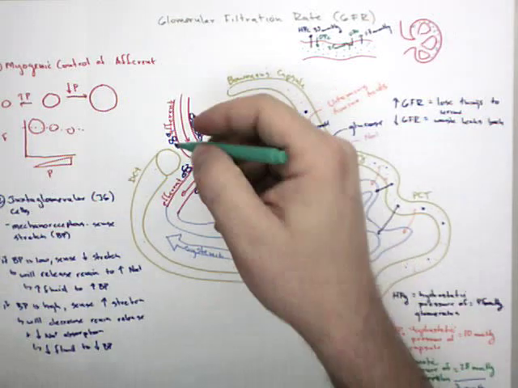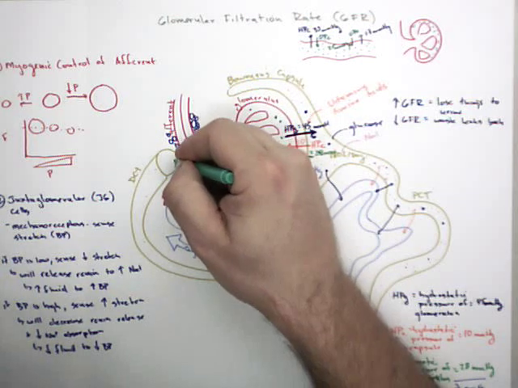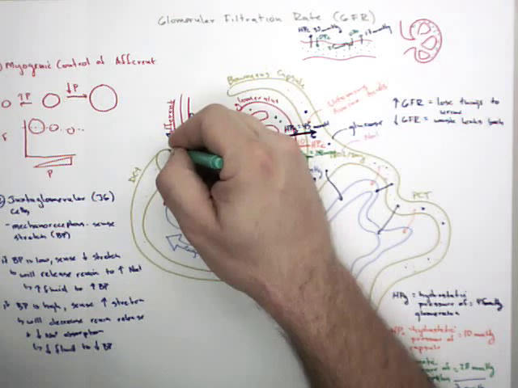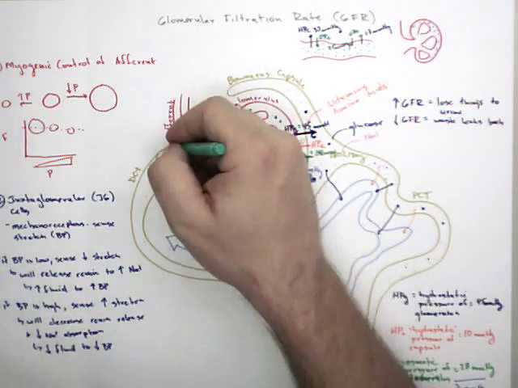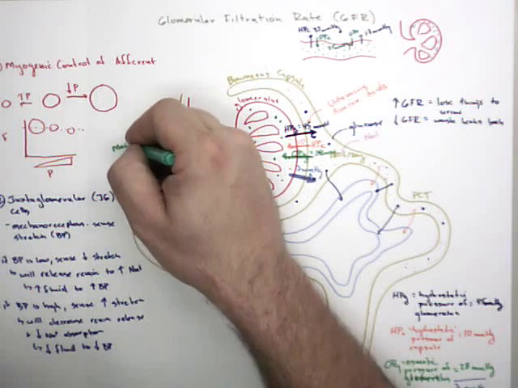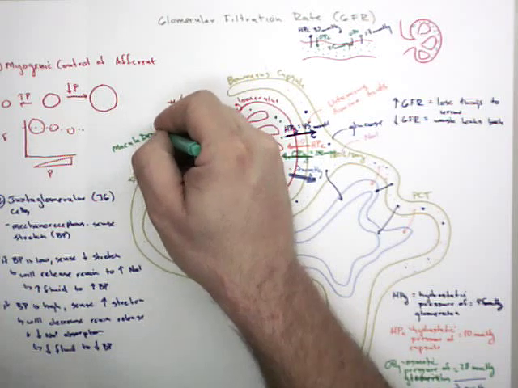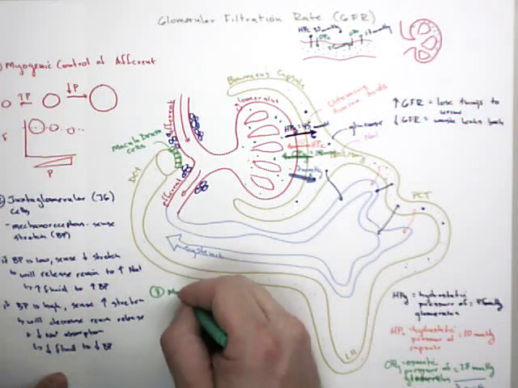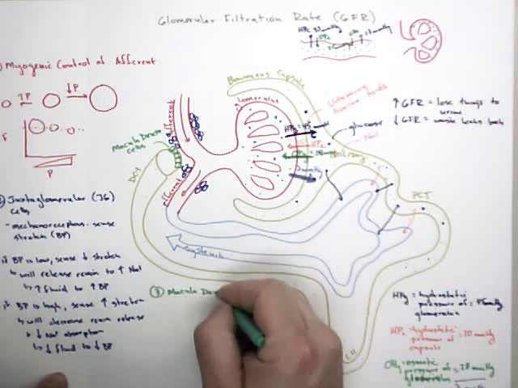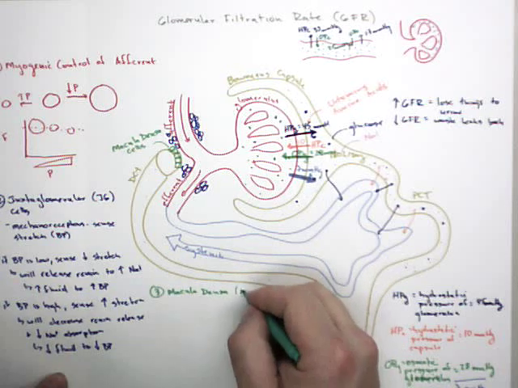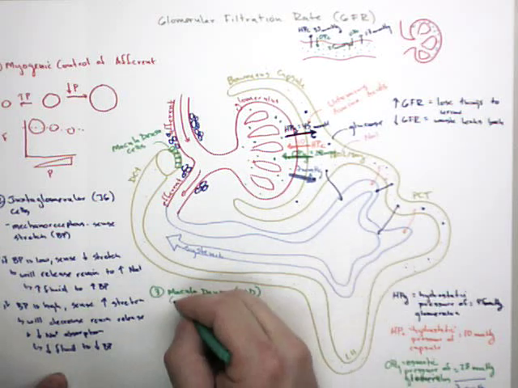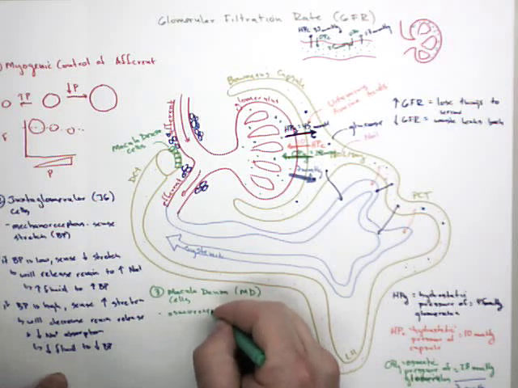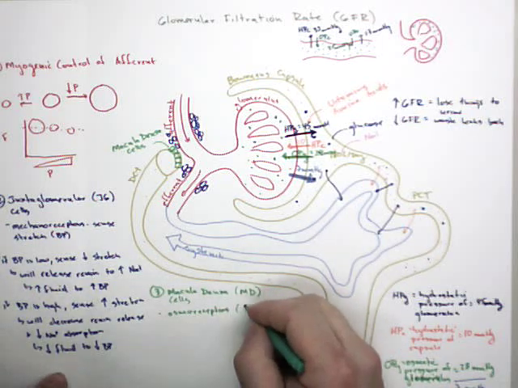Another mechanism, and this is why I said before it's very important to draw your distal convoluted tubule coming back up near the afferents, is that these cells right here are called macula densa cells. Macula densa cells are osmoreceptors. What they sense is essentially sodium concentration.